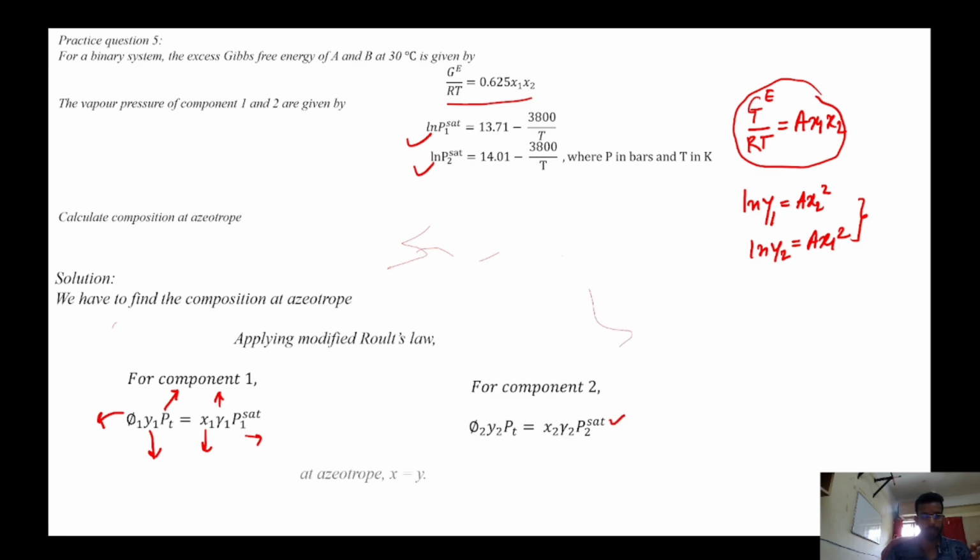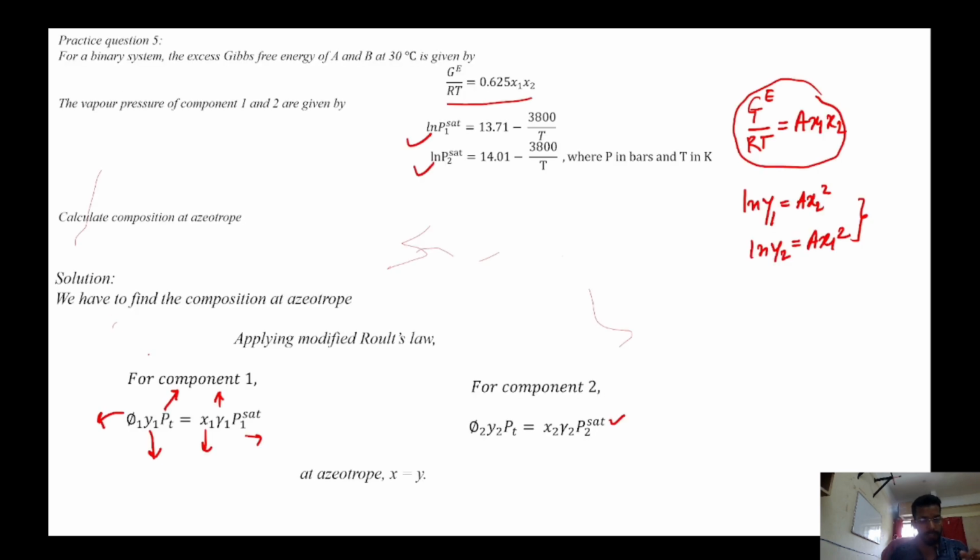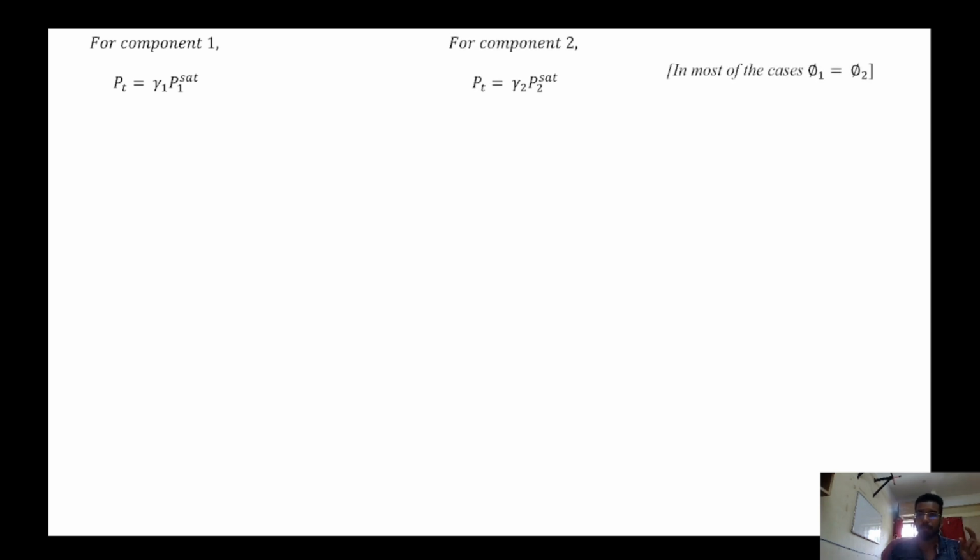Okay. At azeotrope x equal to y, which means y1 and x1 will cut out, y2 and x2 will cut out. So the remaining thing is this. For component 1, phi Pt equals gamma 1 P1 sat, and similarly for component 2. In most of the cases, phi1 is equal to phi2. Okay, this always remains the same in most of the cases.